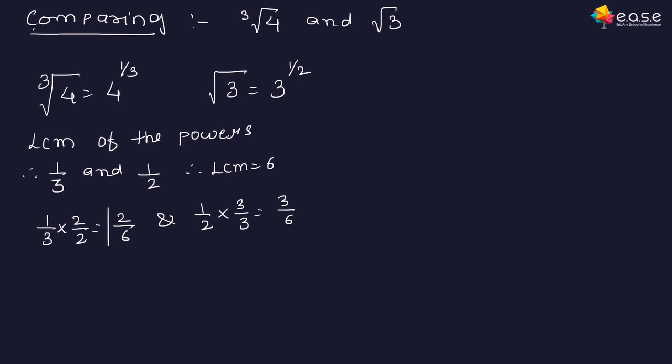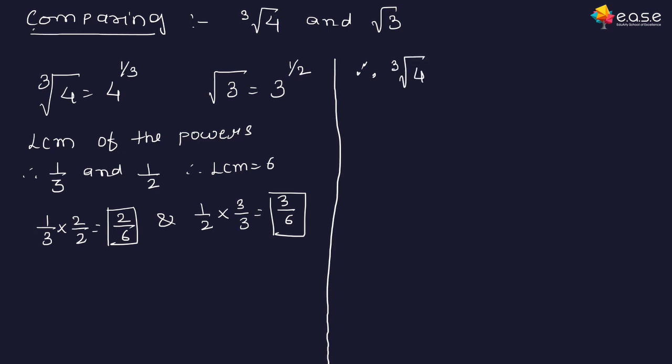Okay, so now we have to see this and this. So basically we can write the third root of 4 as 4 raised to 2/6, and root 3 as 3 raised to 3/6.